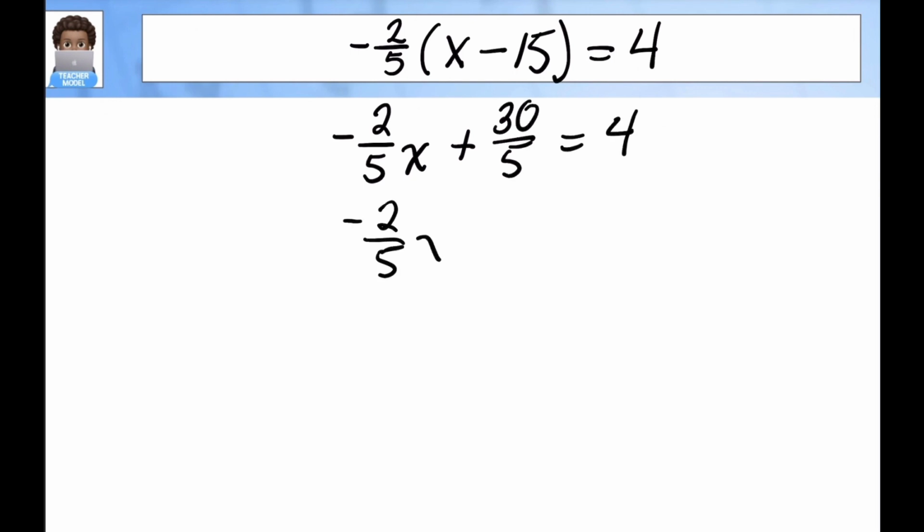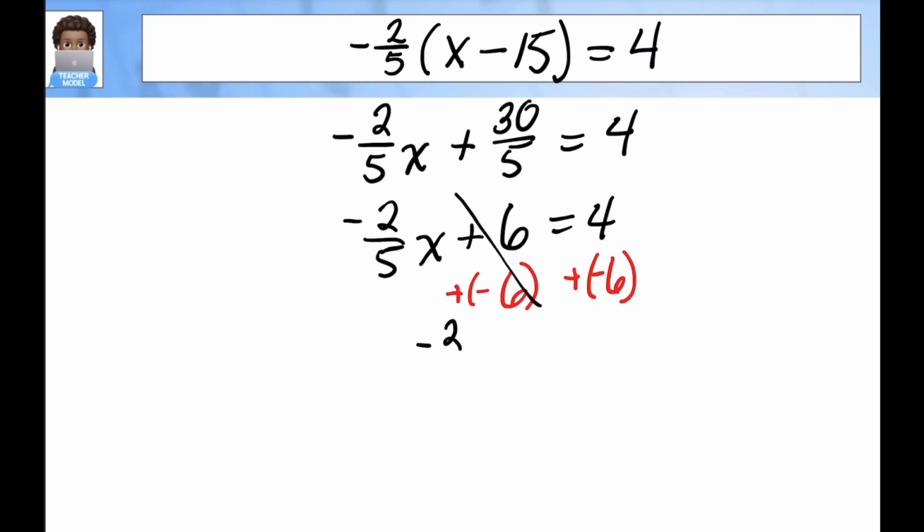We'll simplify this out a little more, and 30 divided by 5 just gives us 6 over 4. All right, we know what to do. We're going to add the opposite. So we're going to add a negative 6 over here and add a negative 6 over here. And that's going to leave us, this is a zero pair, negative 2/5 x is equal to negative 2.